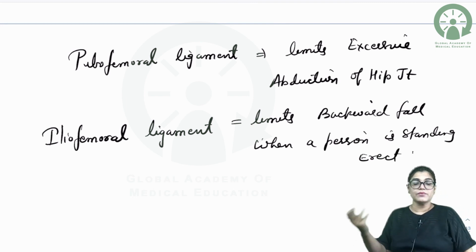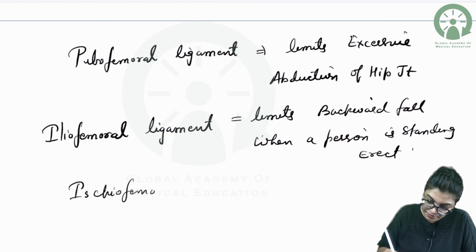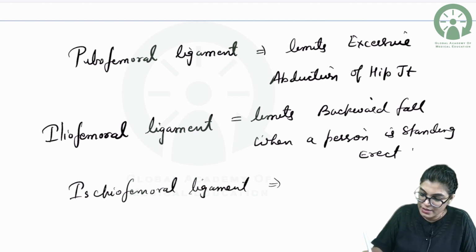So, you can say excessive hyperextension of the hip. Ischiofemoral ligament limits excessive internal rotation of hip.